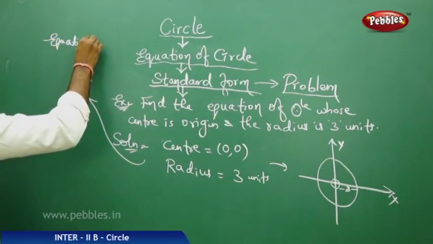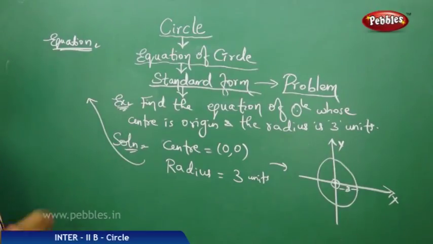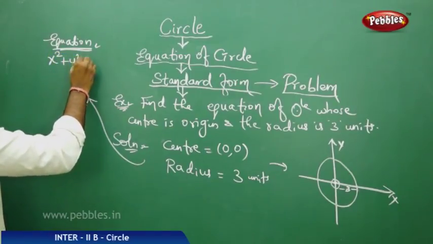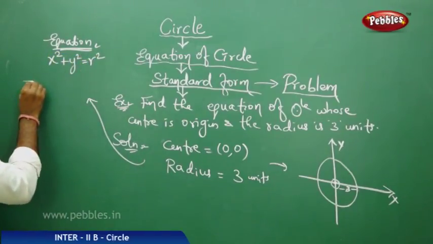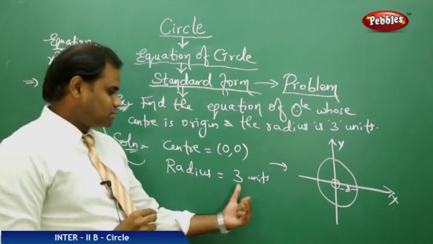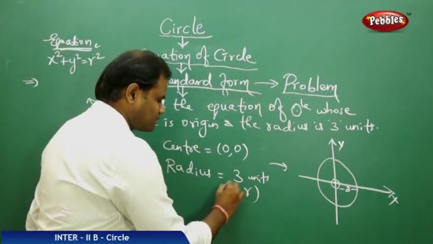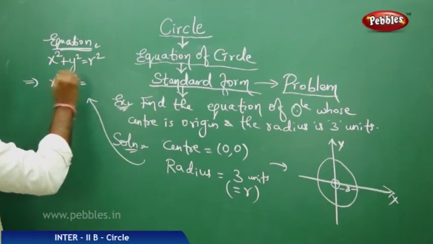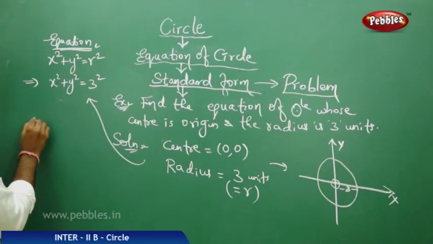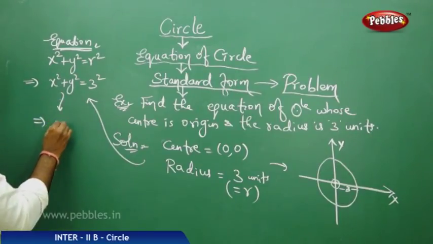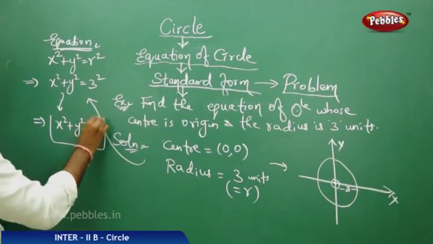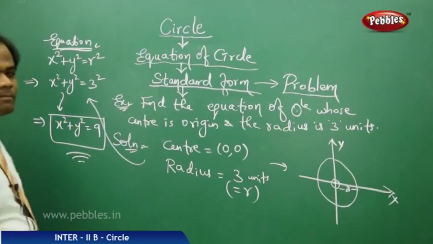We know that the equation of a circle with center origin and radius r is given by x square plus y square equals r square. That implies my r, which is 3, gives me x square plus y square equals 3 square, that implies x square plus y square equal to 9 is the answer.